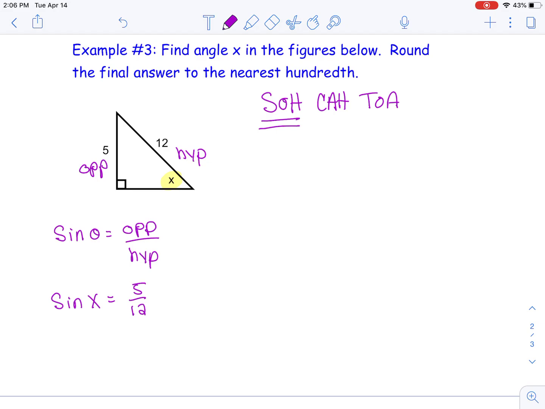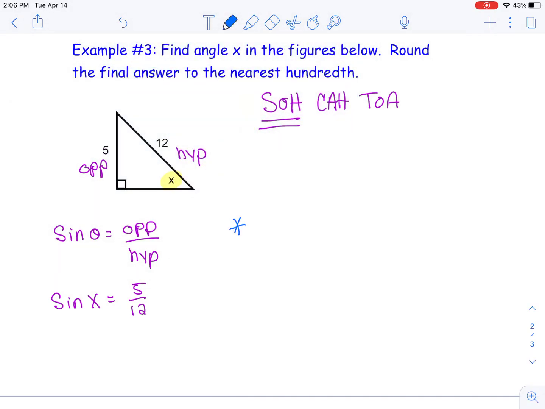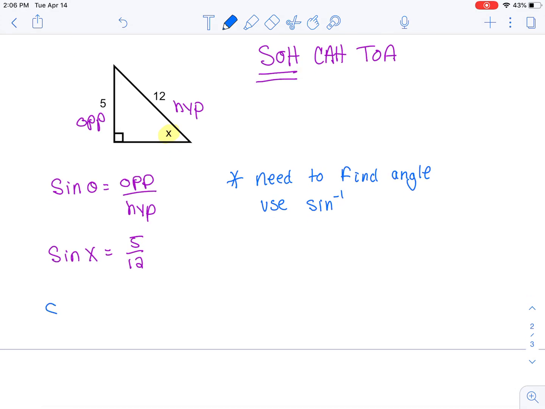So we're looking for an angle here. So let's think about this. We need to find the angle, so we need to use sine inverse. So I'm going to write this as the sine inverse of 5 over 12 is equal to x.